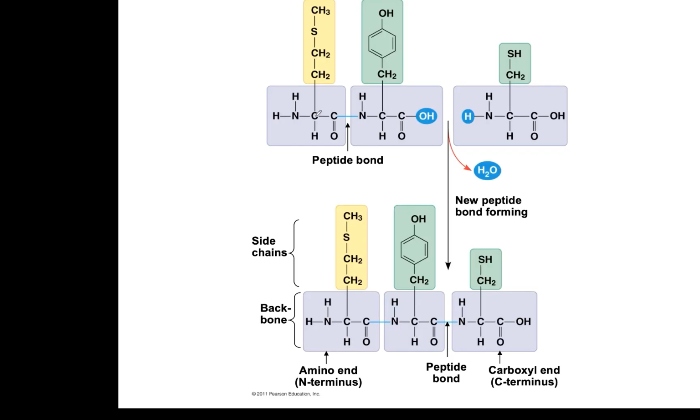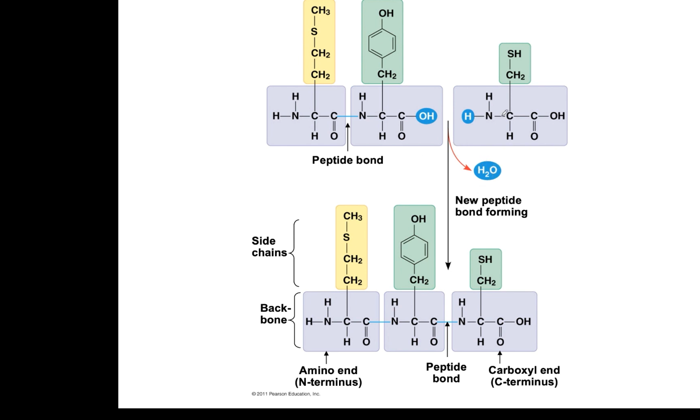One more time, this already has two amino acids linked together by way of a peptide bond. And these two amino acids are going to join with one more amino acid. Then from the carboxylic group, a hydroxyl ion, and from the amino group, a hydrogen ion, join to form water, and this water gets removed.